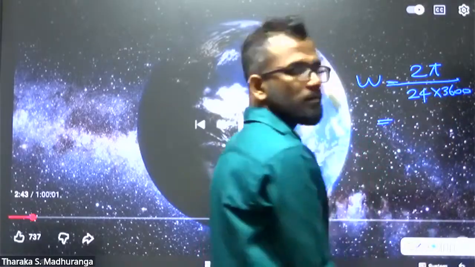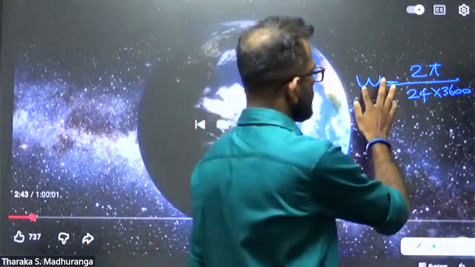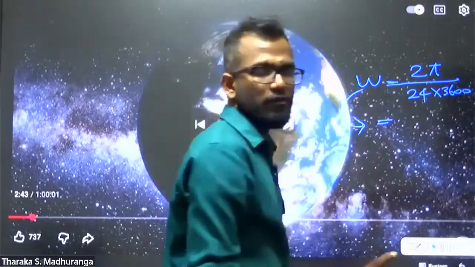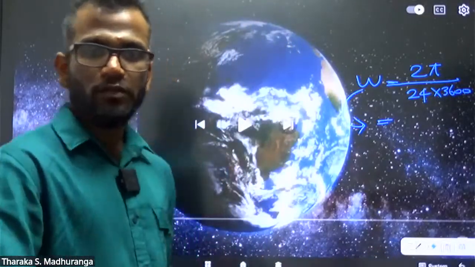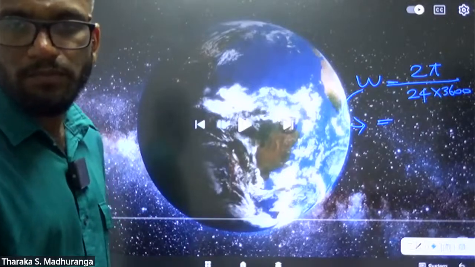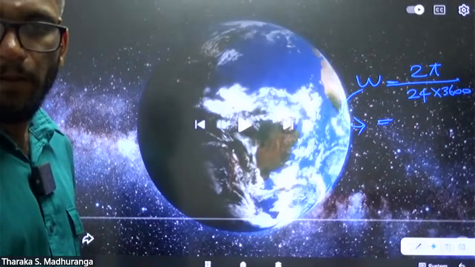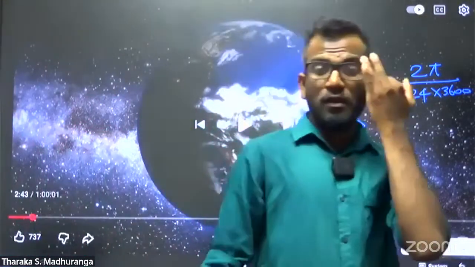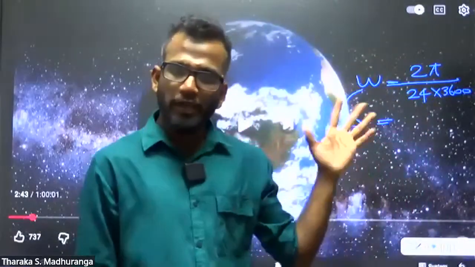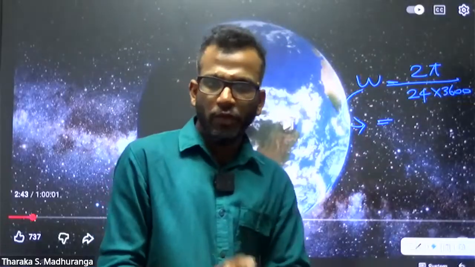This value is the Earth's rotation angular velocity. The Earth's rotation angular velocity is also a very small value. Now for any rotation, we can calculate angular displacement and angular velocity.